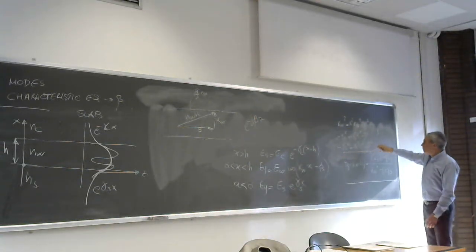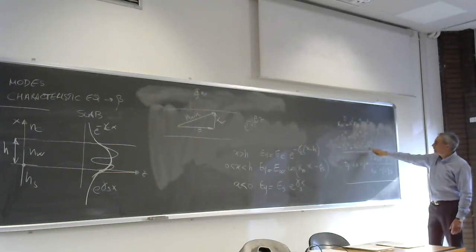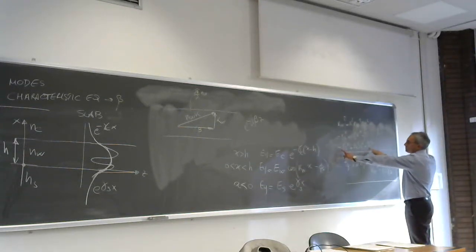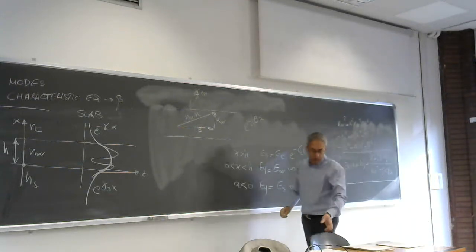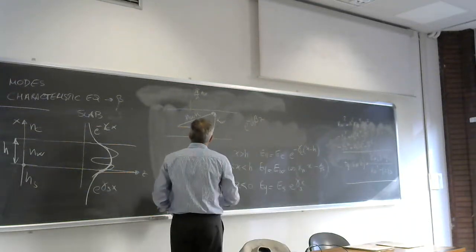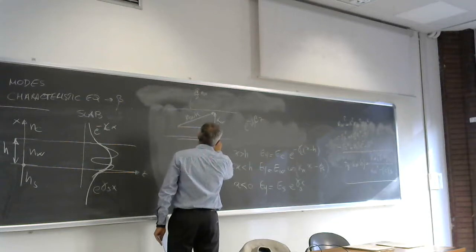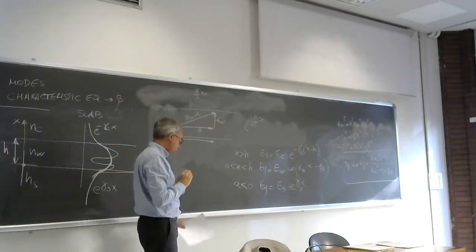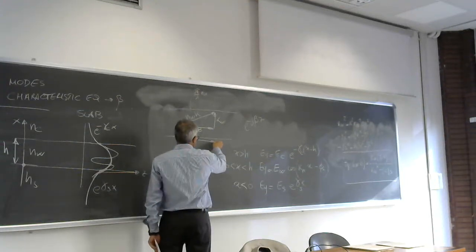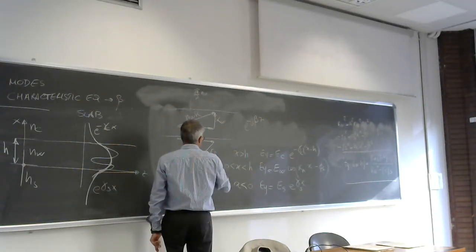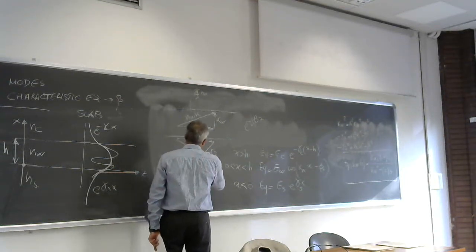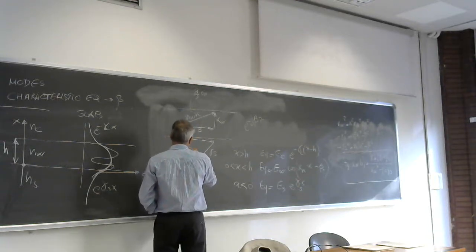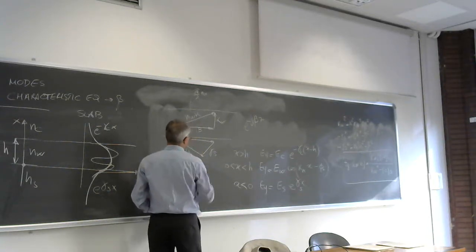In the other two regions we have something similar, but you see that there is a different sign. So the triangle is a little bit different. We have beta, exactly the same, gamma_s, and k n_substrate.